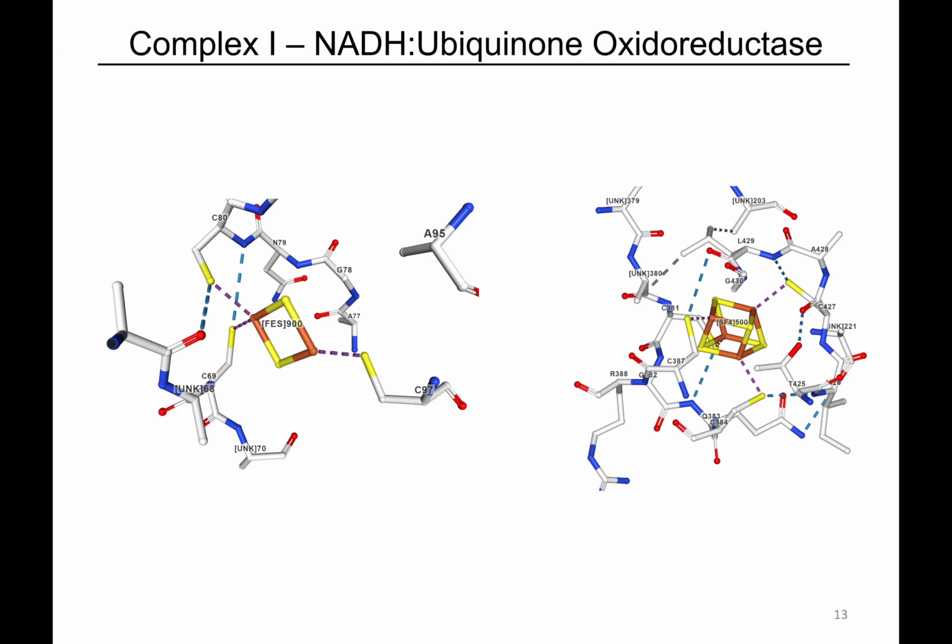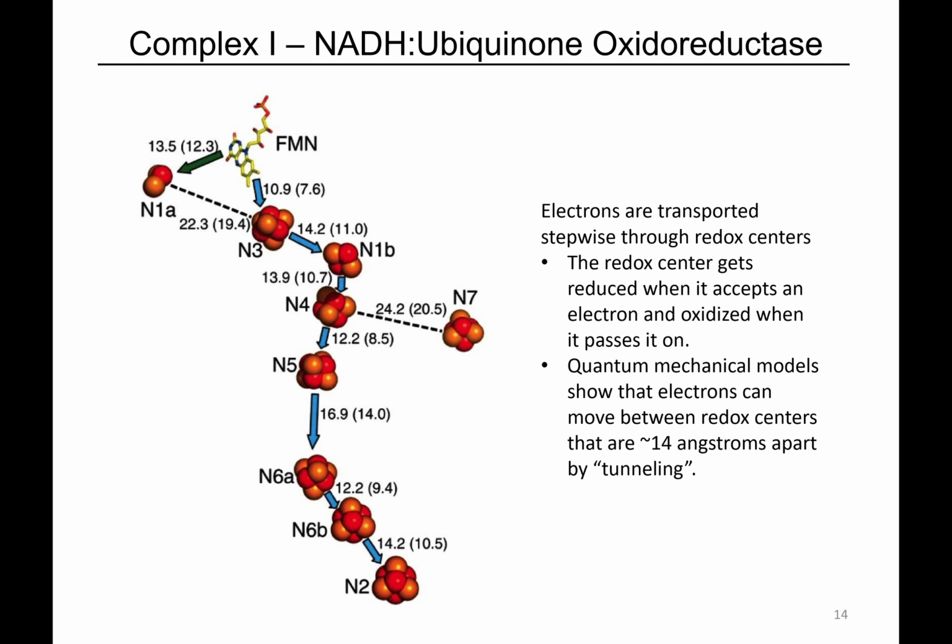And if you look even closer, what you would see is that the 2 iron 2 sulfur is at the very beginning, and the rest of them are 4 iron 4 sulfur. And again, remember, the reason for that is that the reduction potential of our 4 iron 4 sulfur tend to be more positive than the 2 iron 2 sulfur, meaning it's more favorable to move electrons from a 2 iron 2 sulfur onto a 4 iron 4 sulfur.